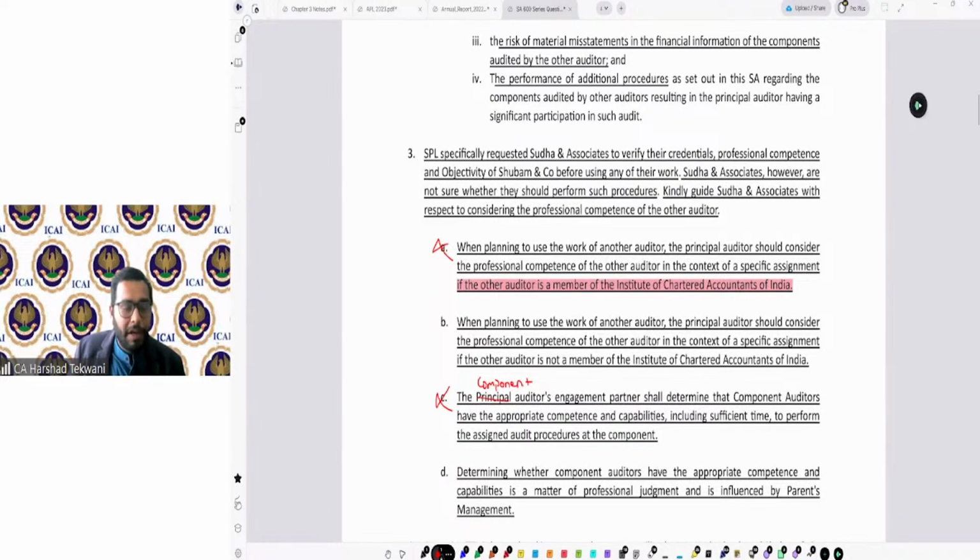D, determining whether the component auditor has appropriate competency is a matter of professional judgment influenced by the parent's management. That is totally incorrect. Parent management has nothing to do with this. So that's why D is also incorrect. And here I am saying the auditor is not a member, see, not a member.